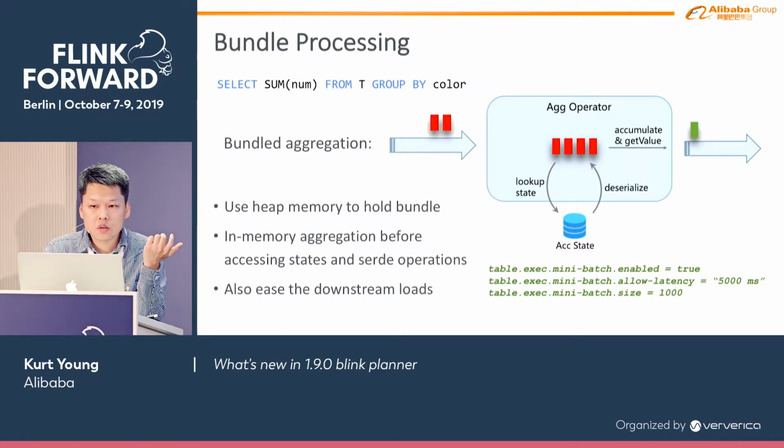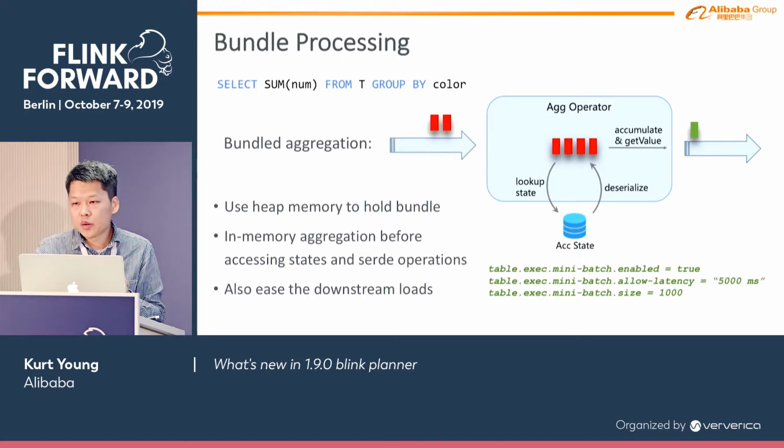You can also use these two limits together. The real calculation happens after the bundle triggers. So before we access state, we do the in-memory aggregation. In this case, we can reduce the number of state accesses from the number of elements to the number of distinct keys we have, right?